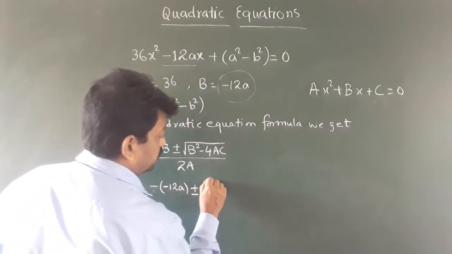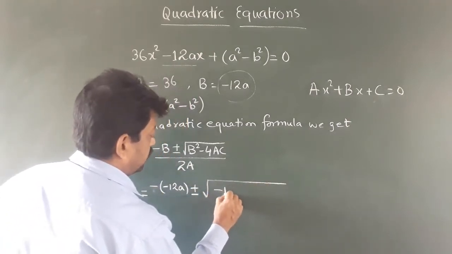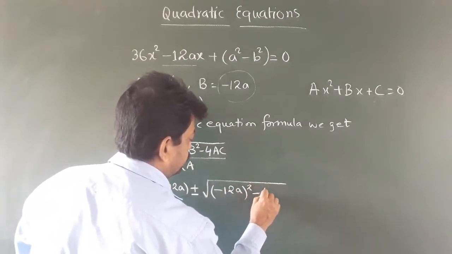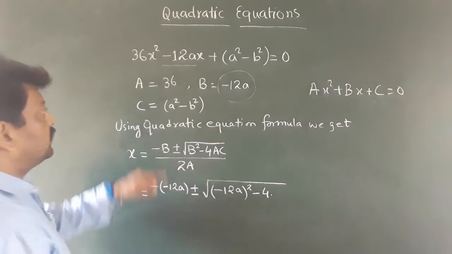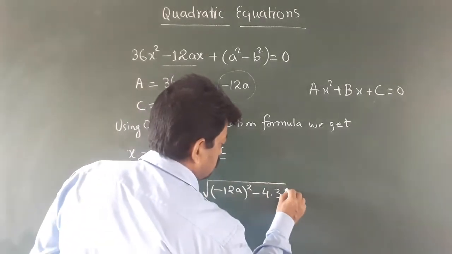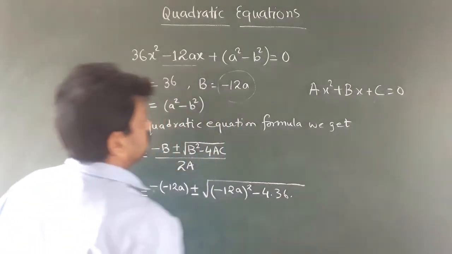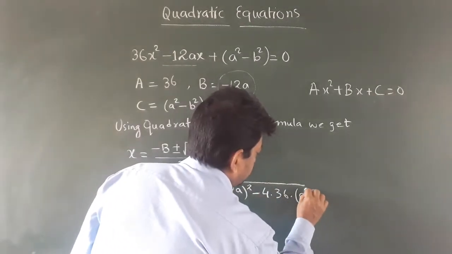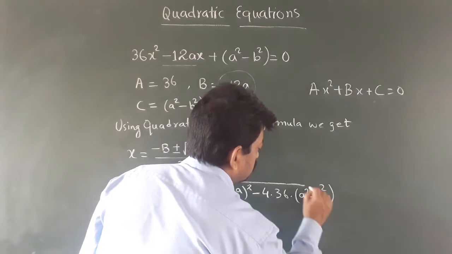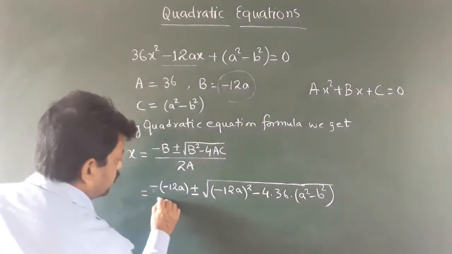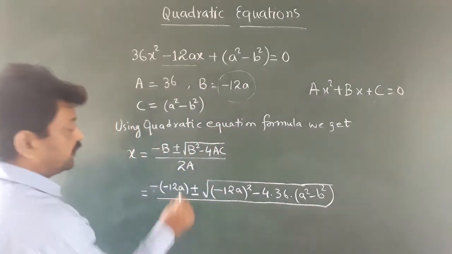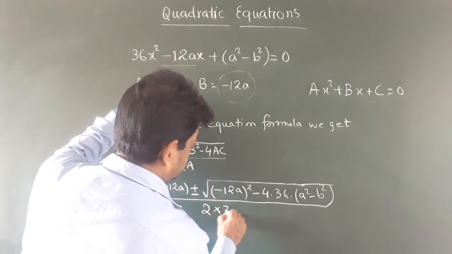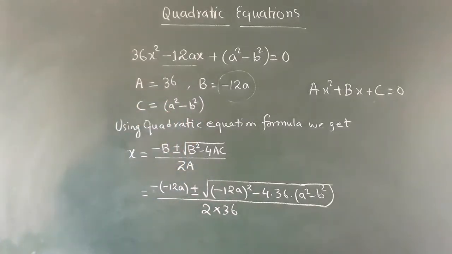Plus minus root over B square, that is minus 12a whole square, minus 4A. What is A? A is 36. C, what is C? C is a square minus b square inside the bracket, divided by 2A. 2, what is A? A is 36.